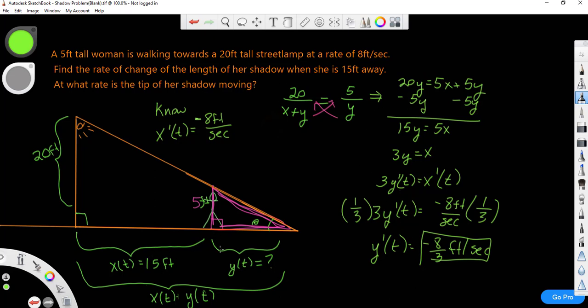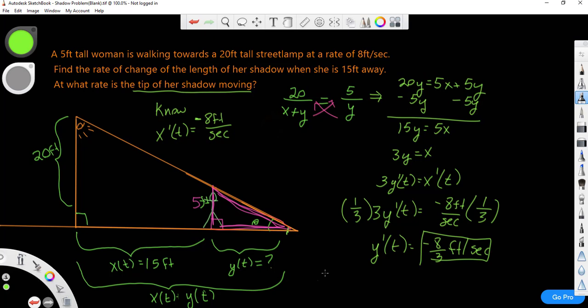Notice that they gave us the 15 feet and we didn't even end up using it. Now what we want to know is the rate at which the tip of her shadow is changing. This distance is changing at a rate of minus 8/3 feet per second. If we want the rate of the tip of her shadow in proportion to this entire length, we can take this negative 8 feet per second, that's this rate of change, and then add how her shadow is changing.